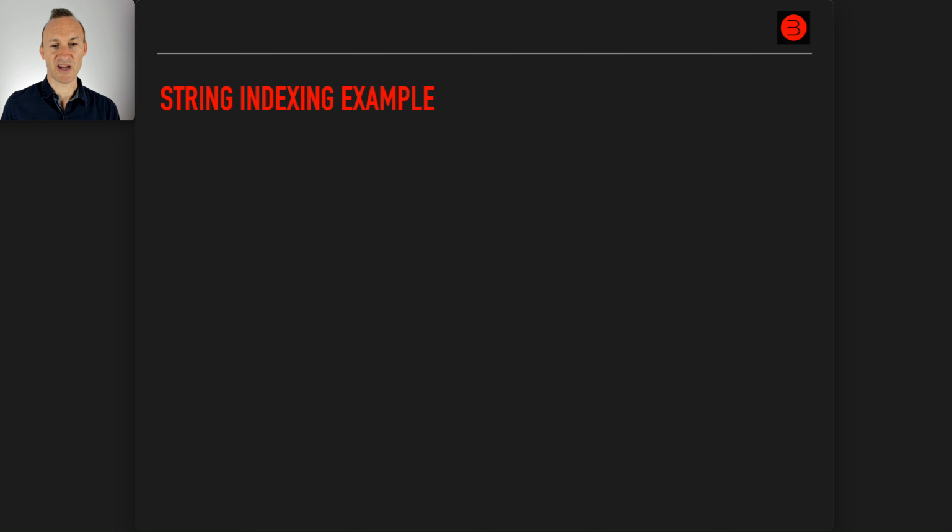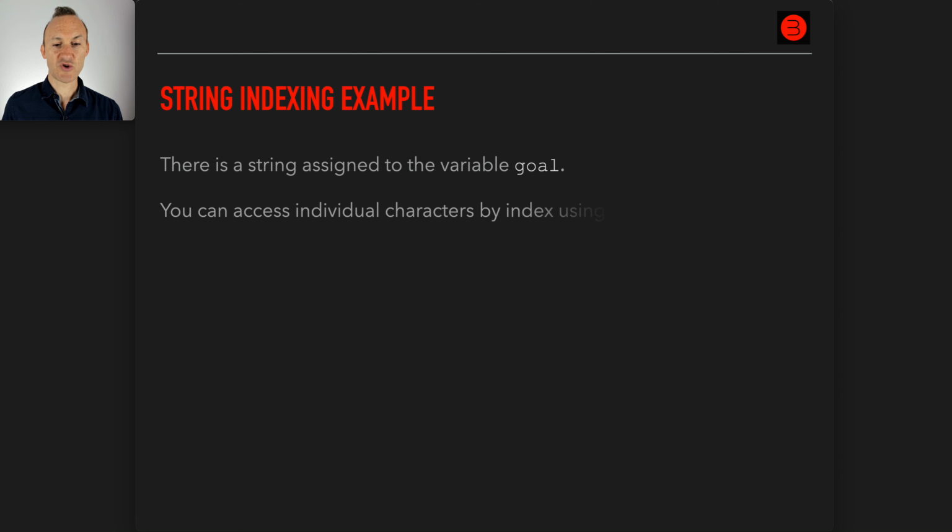Now let's look at an example. So imagine that there's a string assigned to the variable goal, and you don't actually know what this string is. Well, you can access individual characters by index using brackets. For instance, goal 0 will return the 0th index, which is the first one assigned to this string.